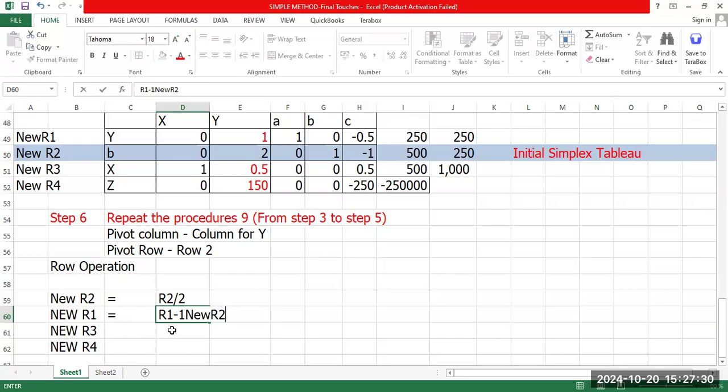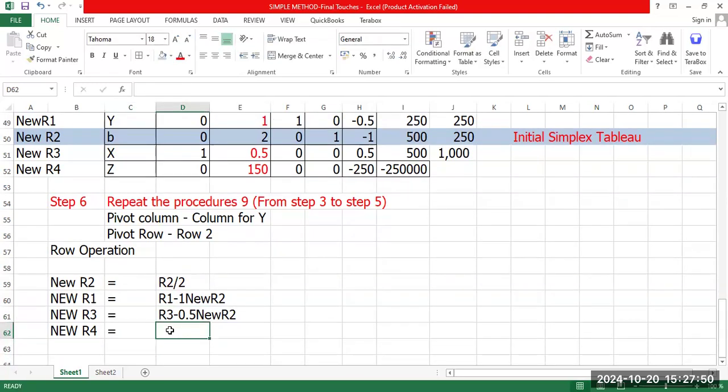Then here, it will be the row you want to change minus the figure you want to change here, 0.5 times new row 2. This is row 4 minus the figure you want to change, which is 150 times new row 2.